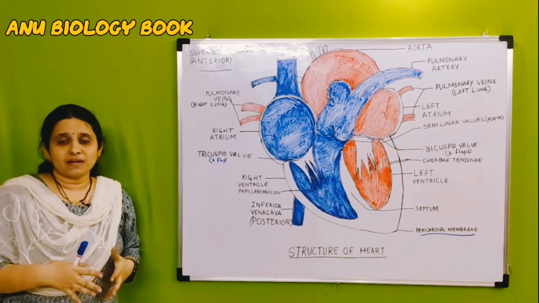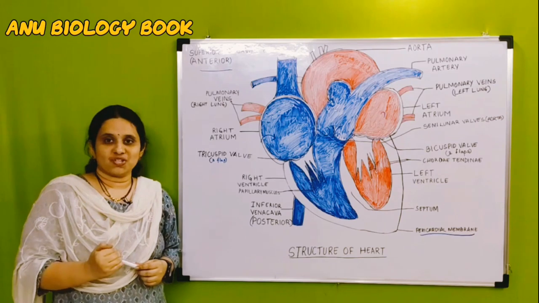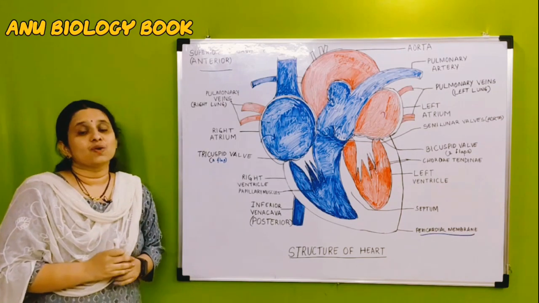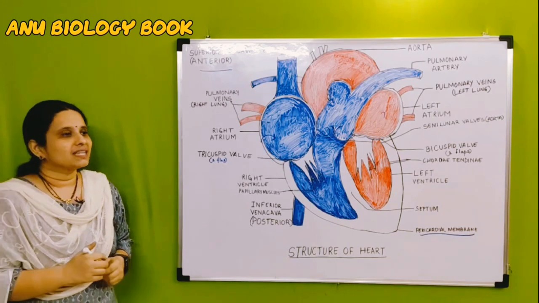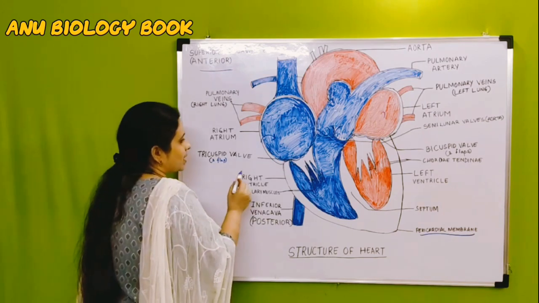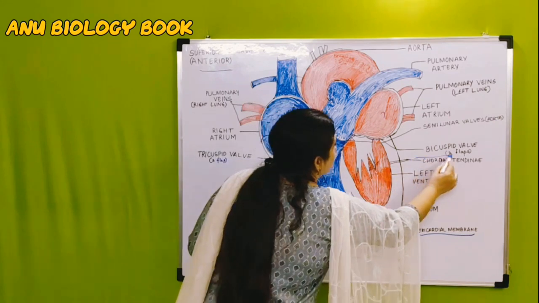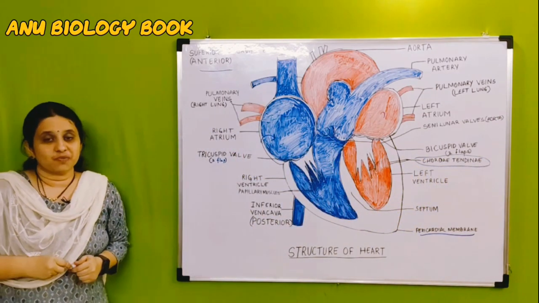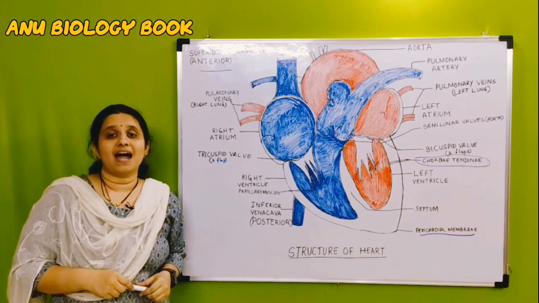So here there is an important structure which helps in holding these valves. Those structures are nothing but the chordae tendineae. The chordae tendineae help in holding the valves between the atria and ventricles.